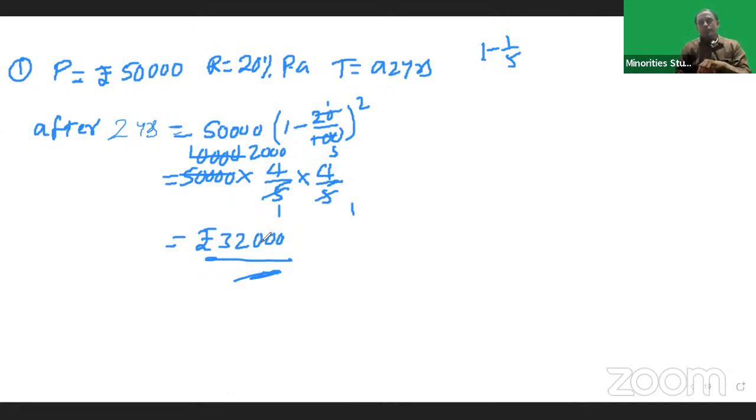Next question. The present value of a machine is 64,000 rupees.